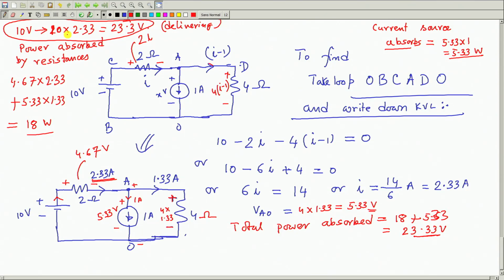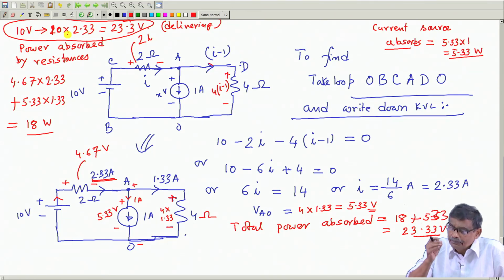Therefore, what in essence I am telling is that in a network there may be different types of elements. We have started with simple things, resistances are present, and there may be voltage sources and current sources. I have now told you that if current sources are present, then in whichever branch this current source is present, that current is known, nothing to be solved here.